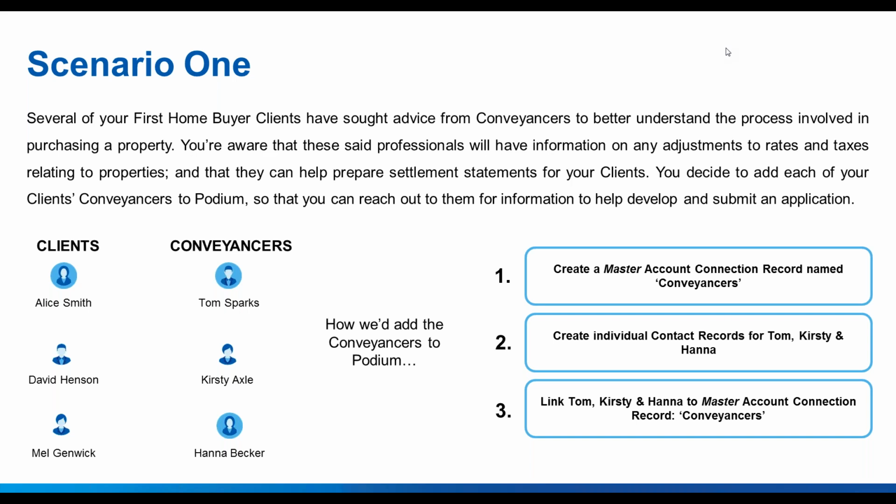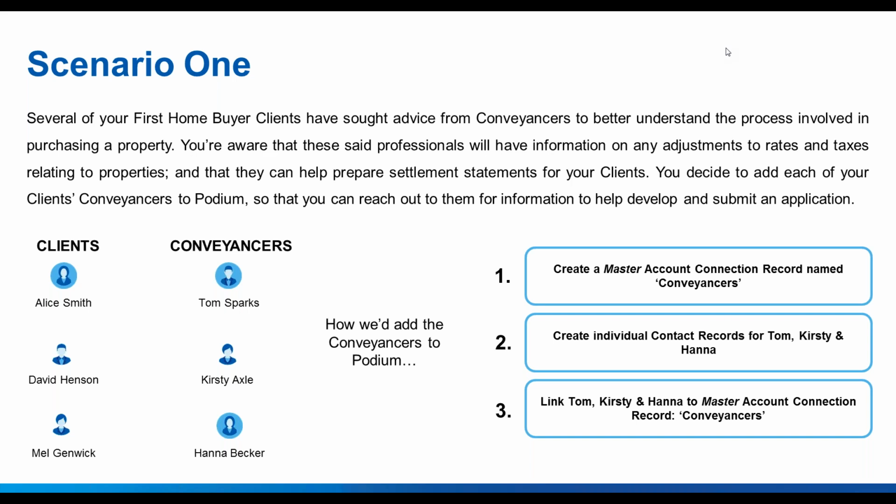See in the diagram below, we've got 3 clients, each seeking advice from a conveyancer. That is Alice and her conveyancer Tom, David and his conveyancer Kirsty, and Mel and her conveyancer Hannah. On the right-hand side, you can see our approach to how we would add Tom, Kirsty, and Hannah to the database.